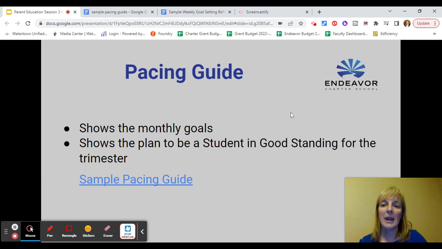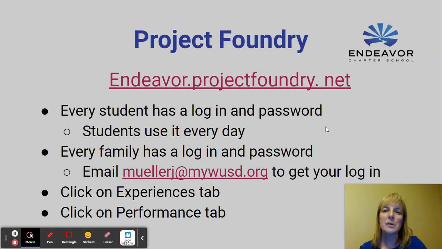Moving on from the pacing guide, we also use Project Foundry to track student progress. The address for Project Foundry is endeavorprojectfoundry.net, and every student has a login and password.